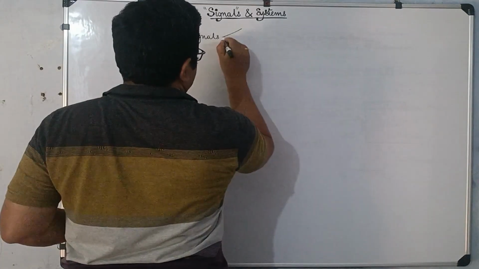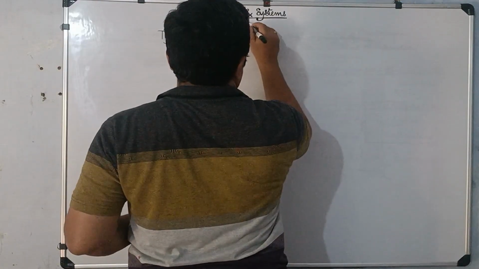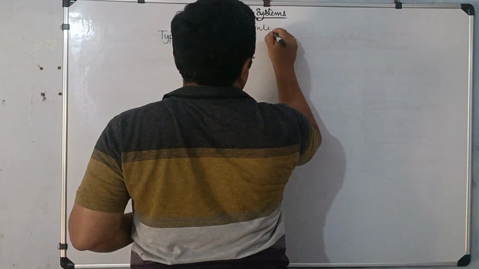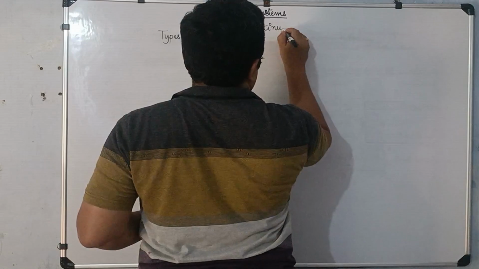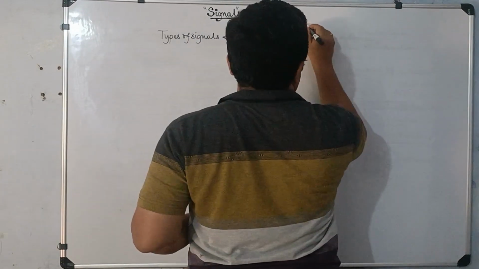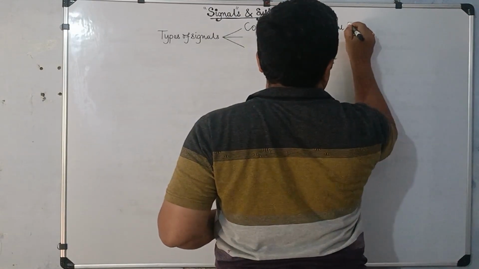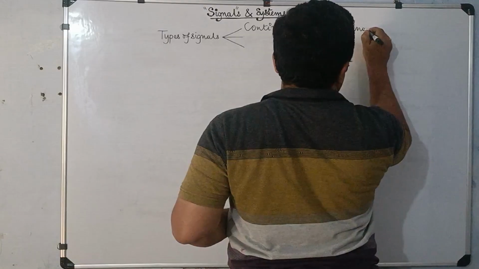So the signals are mainly of three types. The first one is continuous time signal, or analog signal.